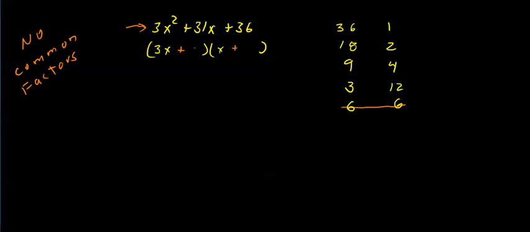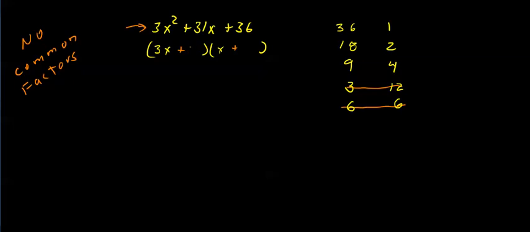Likewise, if I put the 3 here, common factor of 3. If I put the 12 here, common factor of 3. Bad choice. I'll try 18 and 2. If I put the 18 here, common factor of 3. Bad choice.